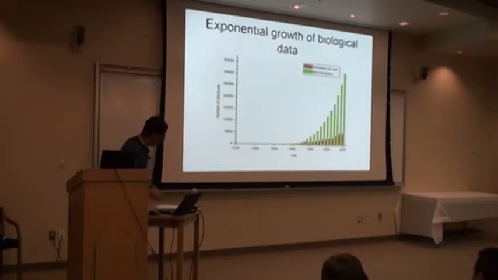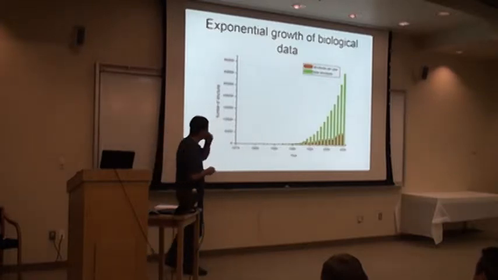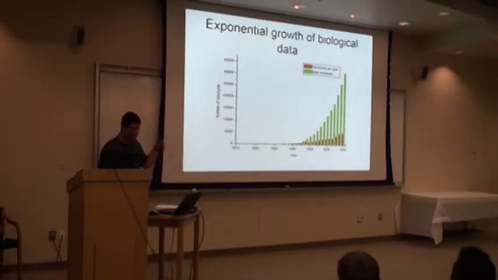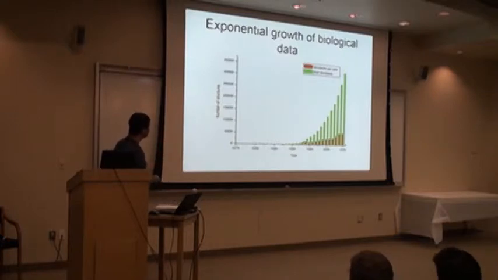And this is especially aggravated by the pace at which biological data accumulates, which is pretty overwhelming. Here, for example, and those graphs only go until 2005, we see the number of protein structures that were determined over the years until 2005.